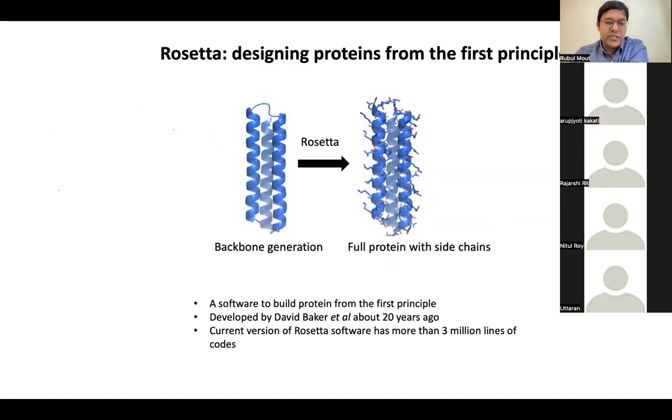And so the reason I wanted to mention Rosetta and RosettaFold is that now that you can predict protein structure, you should also be able to build, right? And that was a point that I wanted to make. And the way we do it is that we build these shapes, like the way carpenters build a shape. If you want to build a house, you have to build the structures.